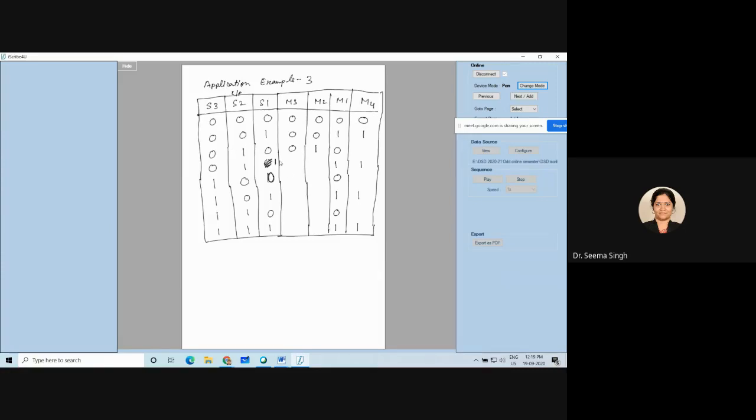In this you can see, if sensor 1 is on, product is present on belt 1, can I make M2 on? Ma'am, I have a doubt. Tell me. Ma'am, why do you take S1, S2, S3 in that particular order? You take it from right to left, right? If you take it from left to right, what is the difference? Ma'am, why did you take S3, S2, S1 now? Because when we did it, we took it as S1, S2, S3, M1, M2, M3.